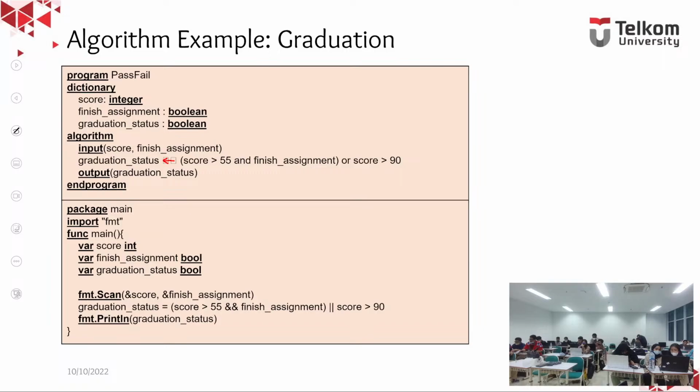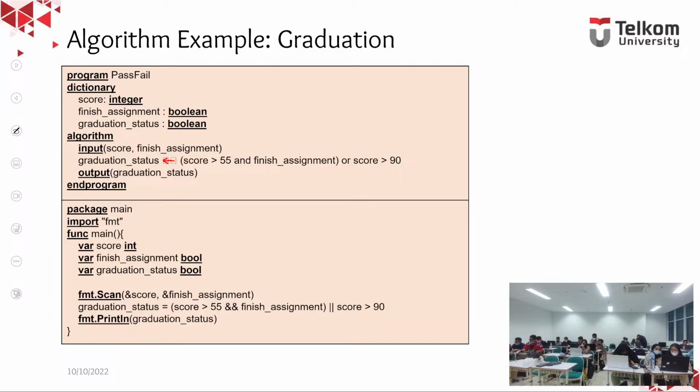In the algorithm, first we take two inputs: score and finish assignment, the status of whether the student has done the assignment or not, and then this is the output, right? The graduation status.